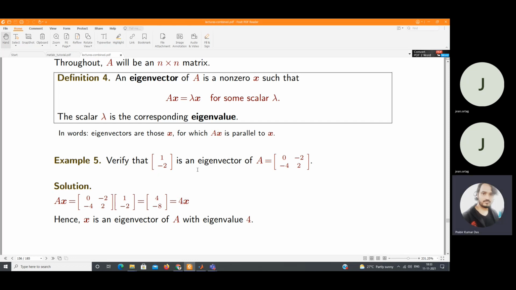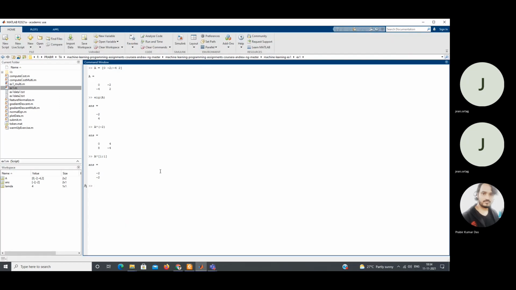But for -2, it will be different. Okay, I'm a little confused, sir. Can you just solve it?